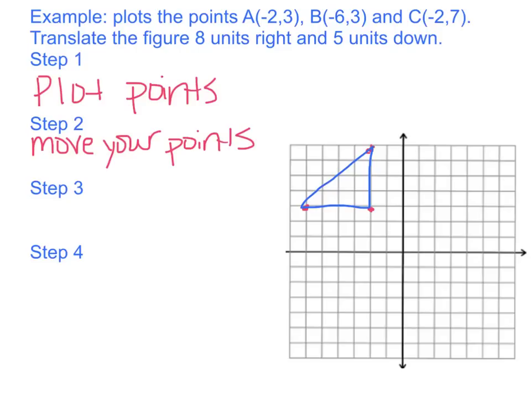So we're going to move them 8 units to the right first and then down. So if we start with this one right here, we're going to move 1, 2, 3, 4, 5, 6, 7, 8, and then down 5. 1, 2, 3, 4, 5, and plot our new point.